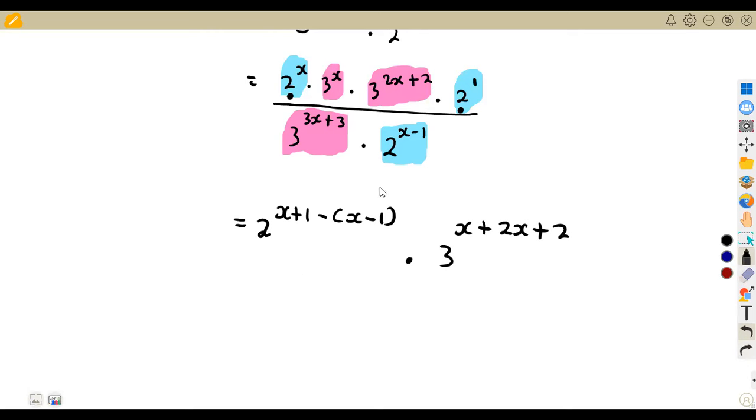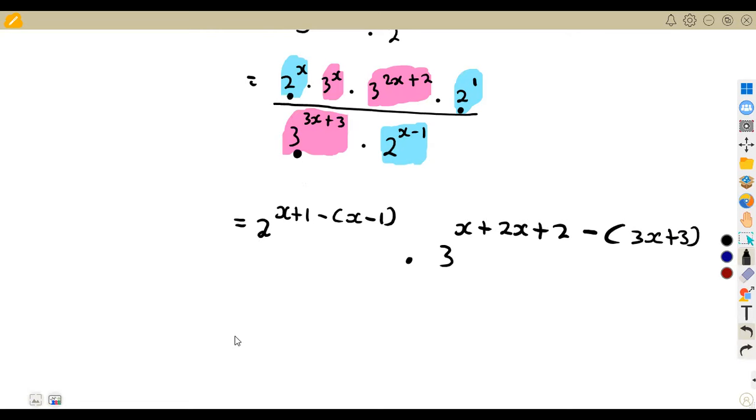But because there is another 3 in the denominator, which is dividing, we know that we subtract the exponent. And whatever you subtract, you open a bracket for that. So we are going to open the bracket for 3x plus 3, that is under the base of 3.